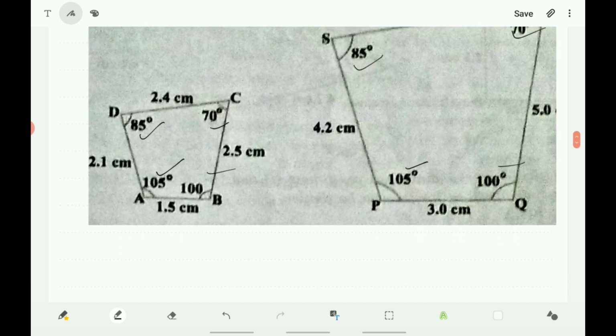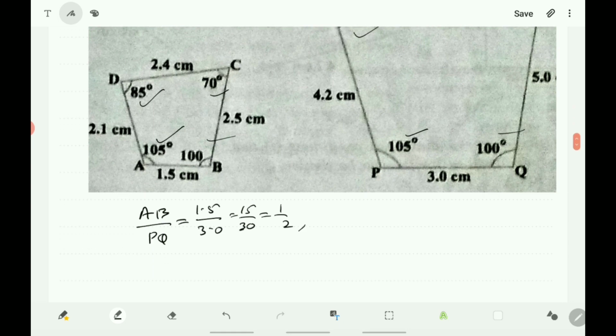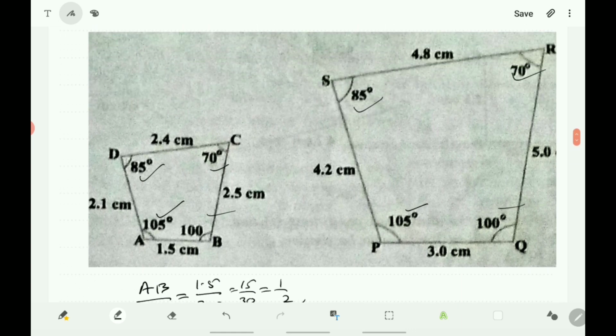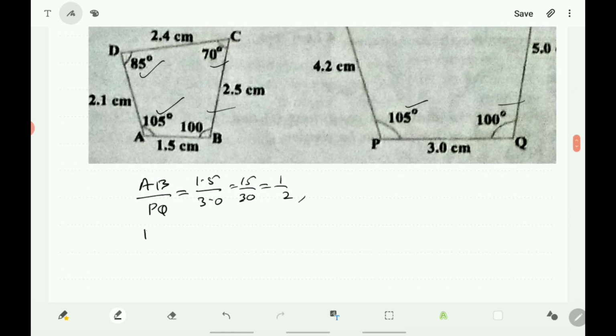You take first AB by PQ, that is 1.5 by 3.0, that is 15 by 30, which is 1 by 2. Next, BC by QR.